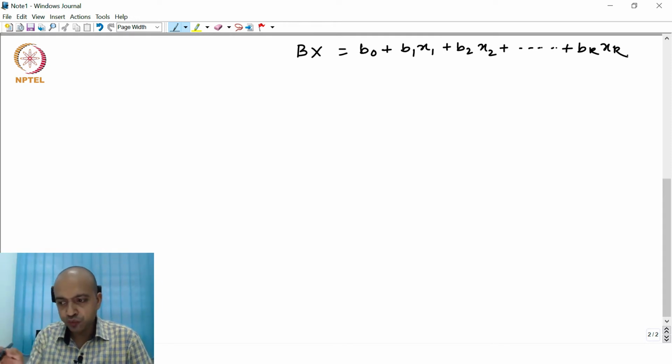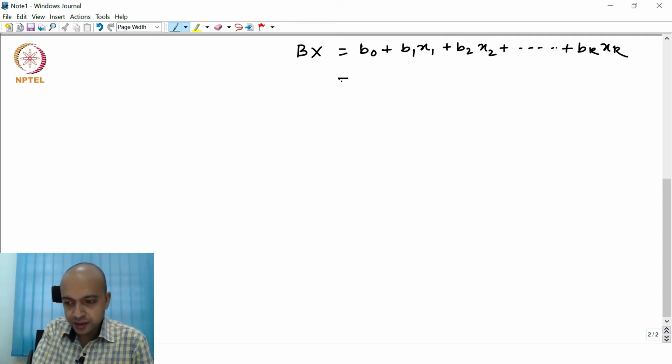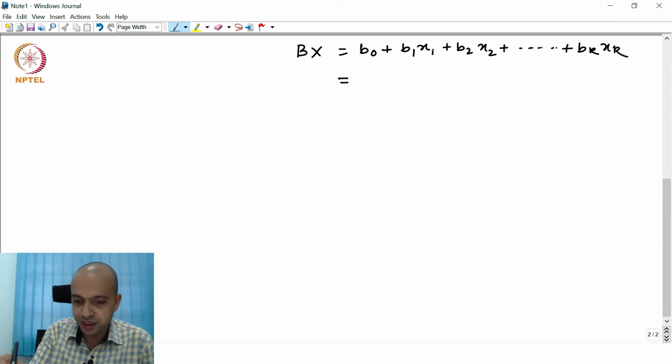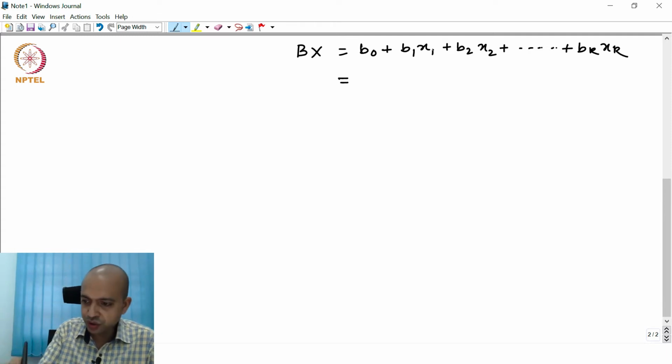Now let us assume that in the set of explanatory variables, the first explanatory variable x1 is the price, and from x2 to xk, these are other explanatory variables other than the price. So the idea here is to add the intercept with all other explanatory variables multiplied by their coefficients and keep beta 1 x1 separately.